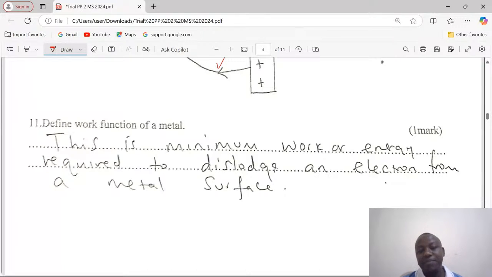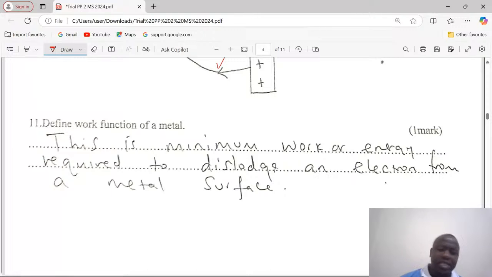This is the minimum work, or rather, the minimum energy required to dislodge an electron from a metal surface.